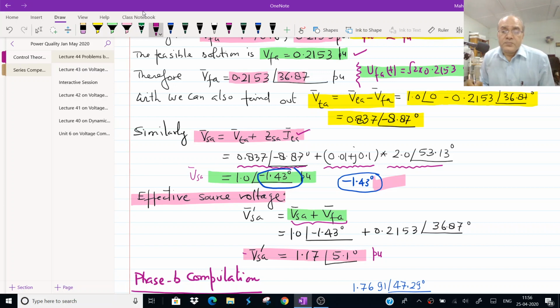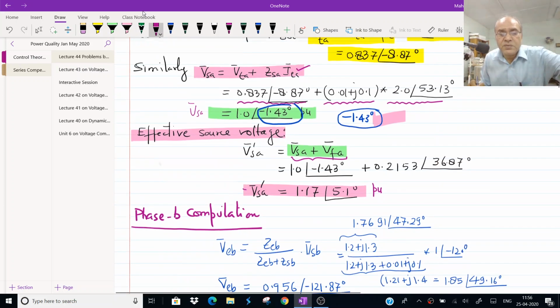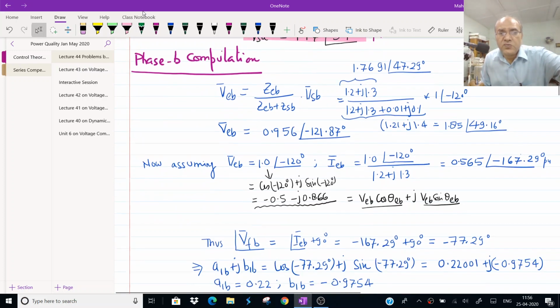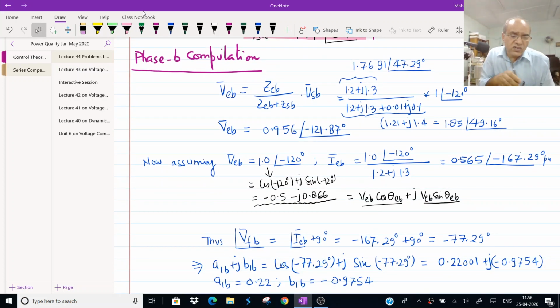The same concept has been repeated for phase B. There is no difference, except that the impedance of the load in phase B is different. So instead of 0.3 plus j0.4, we have the new load in phase B, 1.2 plus j1.3.